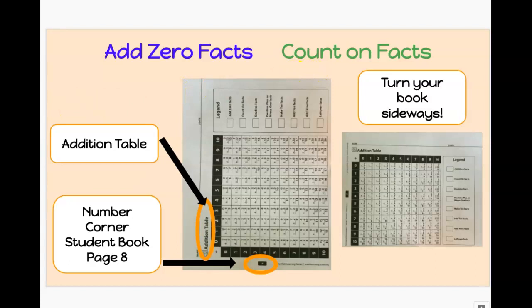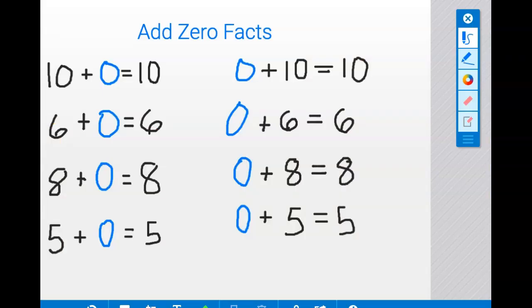Now let's go ahead and have a look at what some of our add zero facts might be. When you look at the equations I've written here, I want you to notice the number you see in blue. When you see an equation that has one number plus 0 to equal that same number, that's an add zero fact because you're adding 0, so the number stays the same.